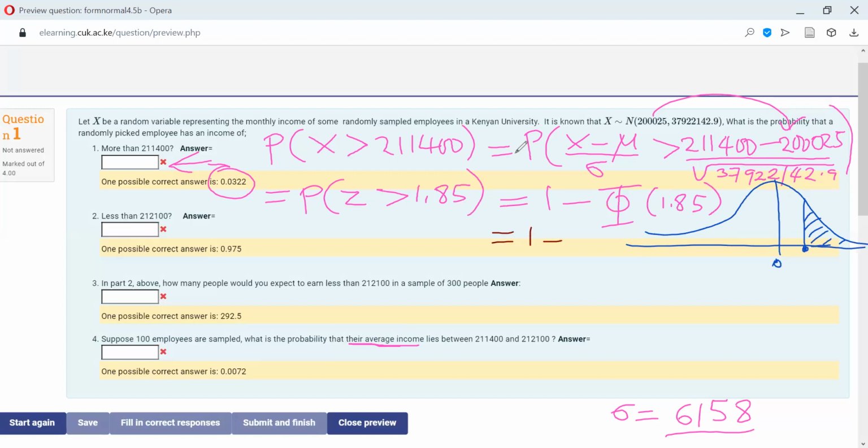I read from the normal tables, which are here. 1.85 is here, 1.8 here. Then I go to column 5 here. So I'm left to just use that 0.9678.